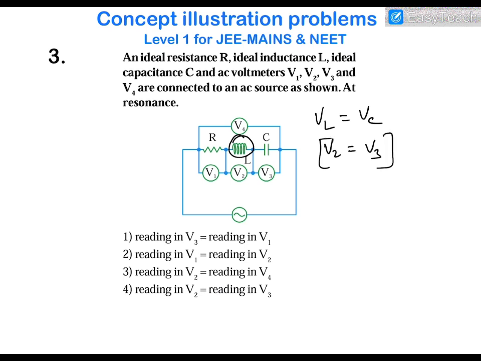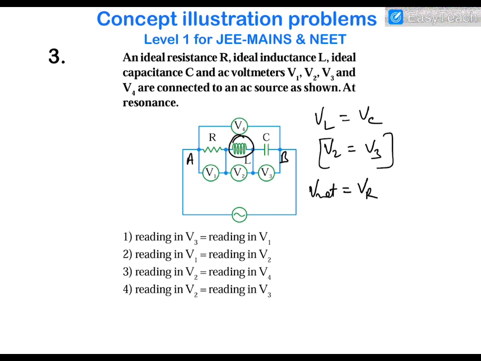Okay, and the net voltage V net is always across the resistance. And obviously the net voltage in this case is V4, because if you can see that if A and B are these terminals, then A and B are exactly the terminals of this oscillator, and therefore the voltage across this oscillator is Va minus Vb, and obviously the voltage across this voltmeter is Va minus Vb.